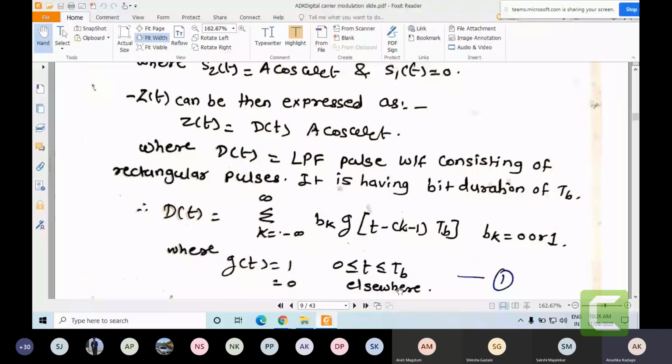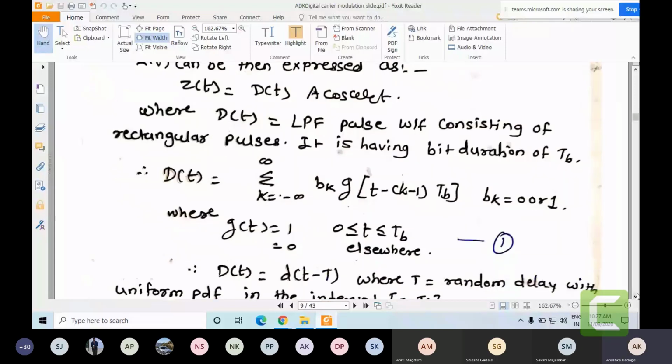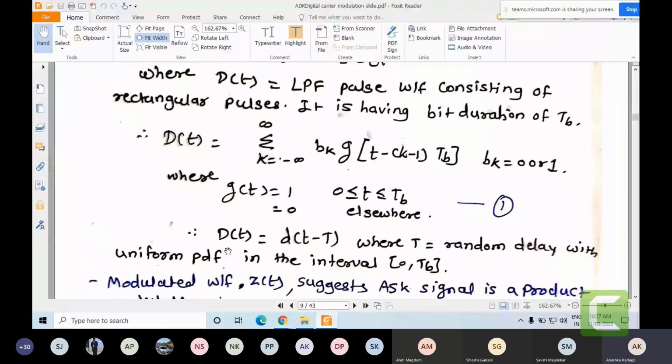So in short, what we are doing here, we are multiplying this bk which is 0 or 1 with gt which is shifted version with 0 or 1, and this is how we will find out that dt will be occurring as pulses at the different time instances, because here k is going to change from minus infinity to plus infinity.